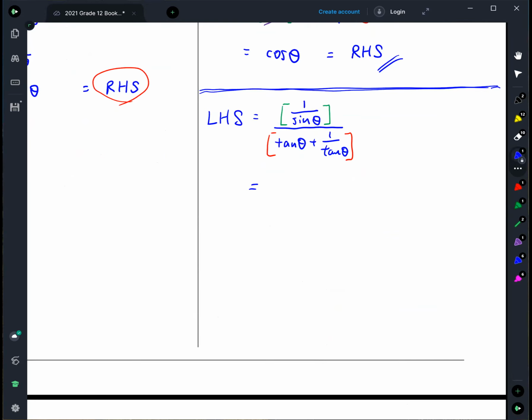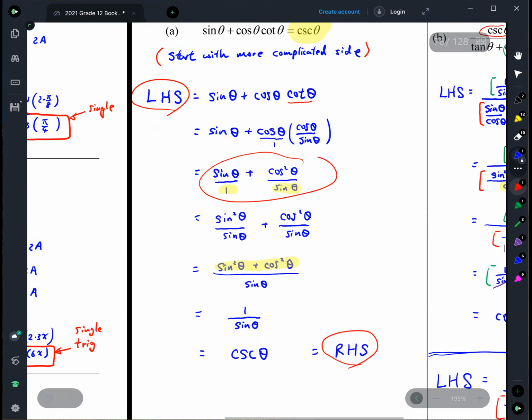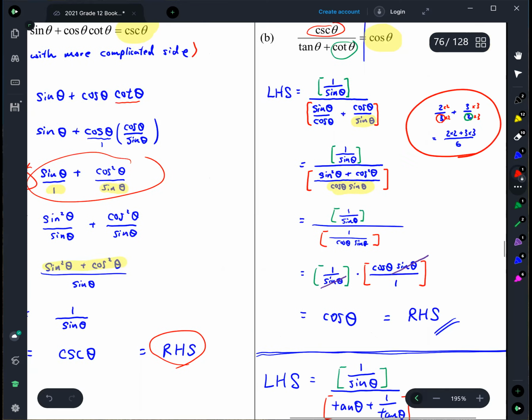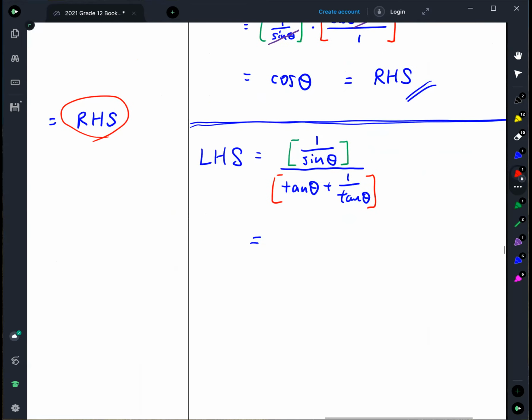If you go this way, the denominator still has two things that you can combine. So we're going to combine it like what we did on the previous question, where I put the star, sine plus cosine squared over sine. We can add them up by getting the common denominator. I'm going to let you try that. Add up the two terms in the denominator.